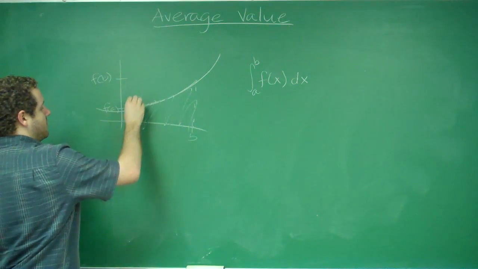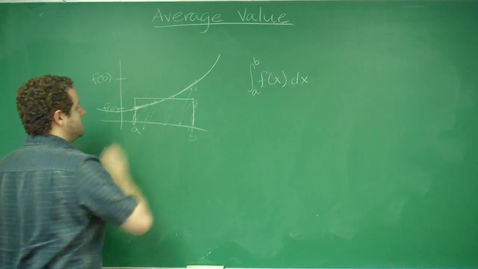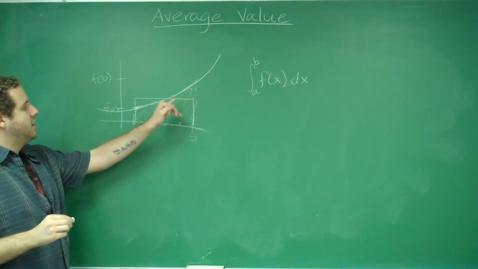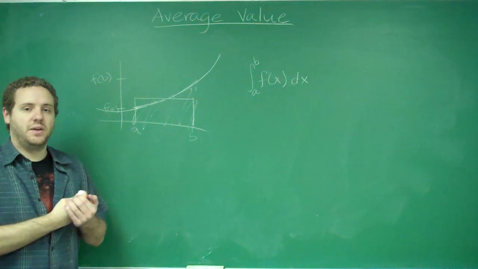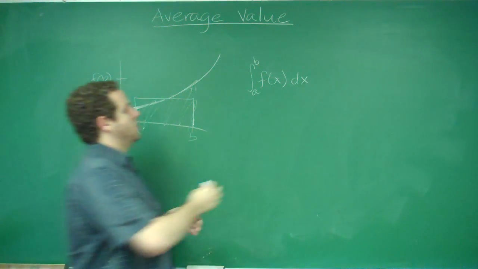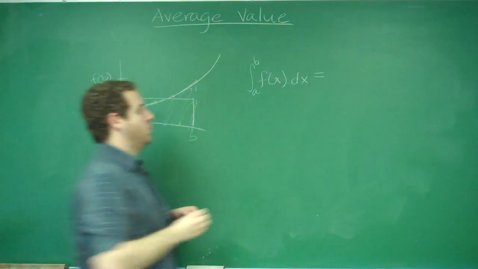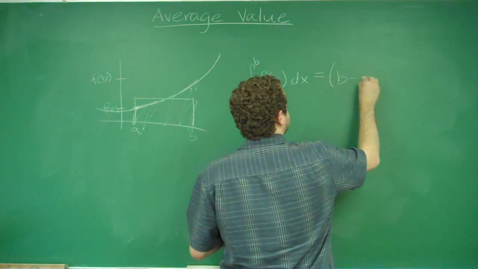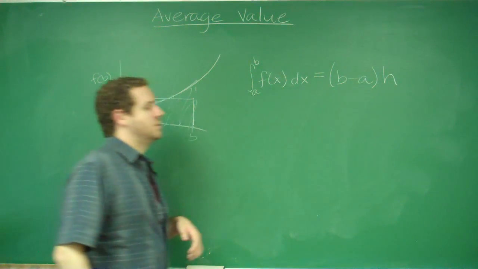Well, the width of the rectangle should still be from a to b. And whatever the height of this rectangle is, that will be exactly our average value of our function. So we're going to set this equal to the area of a rectangle that has a width of b minus a and a height of h that we don't know.